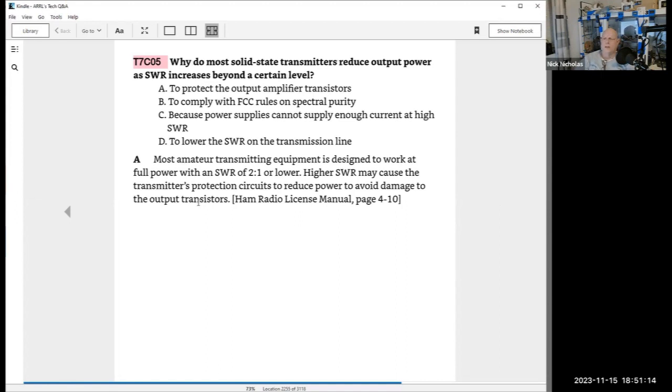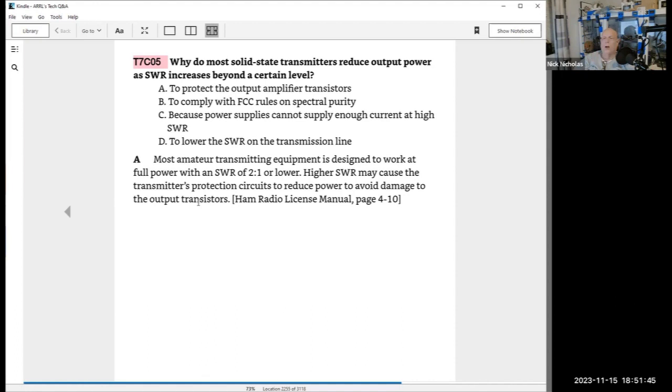Why do most solid state transmitters reduce output power as the SWR increases beyond a certain level? The answer is A, to protect the output amplifier transistors. Every modern transmitter has an output amplifier section. Now, external amplifiers are just bigger of the same.